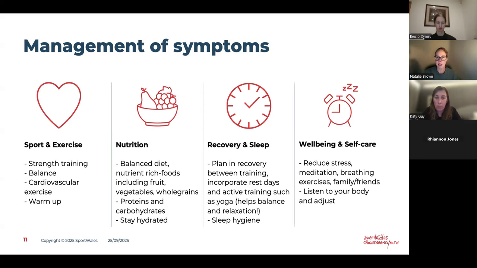So again, resistance training can really help support maintaining muscle mass, which is really helpful and beneficial when we're thinking about injury prevention, for all different sports, but for cycling as well.